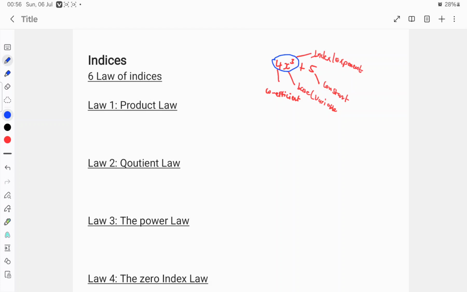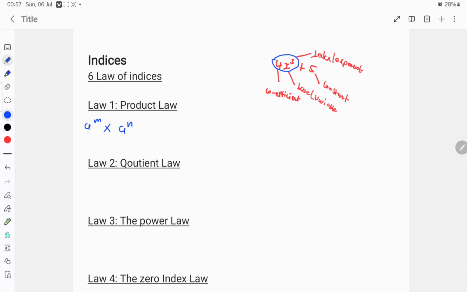Okay, so number 1 is called the product law. Remember, product means times. So a product is the answer we get after we multiply. So this law goes like this. Let's say you have a to the power of m times a to the power of n.